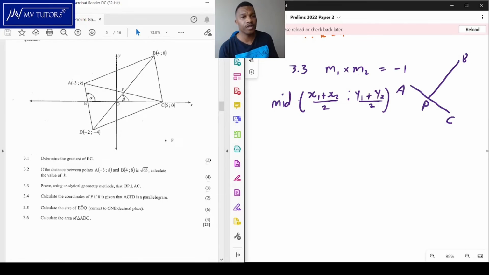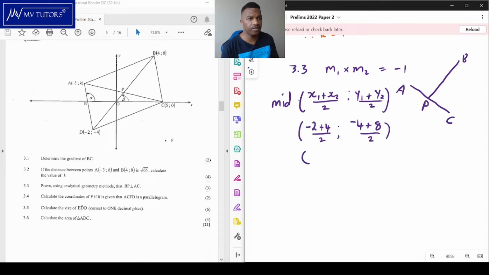For the midpoint P, I'm going to use D and B. So D is 1 and B is 2, such that the x value is -2 plus 4 divided by 2, and the y value is -4 plus 8 divided by 2.